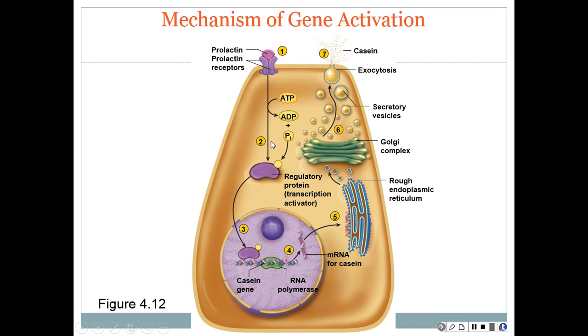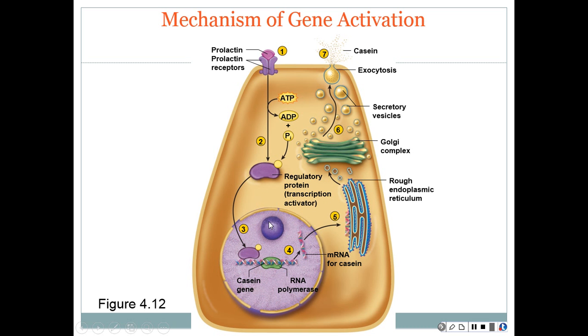It's going to start triggering the regulation of the protein in the cytoplasm. Of course, you need ATP. ATP is always needed. With that ATP being utilized, you have ADP plus a phosphate group, and this phosphate is utilized to help with regulation of the protein, which is our transcription activator.